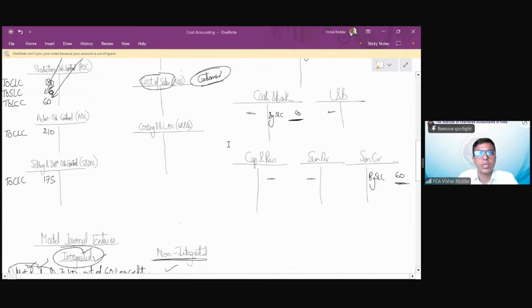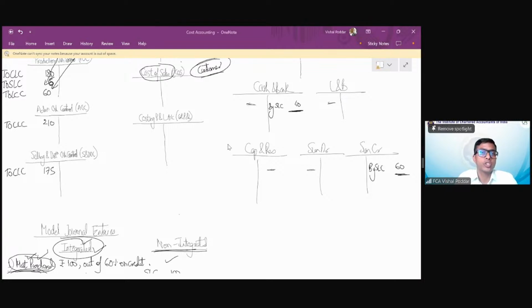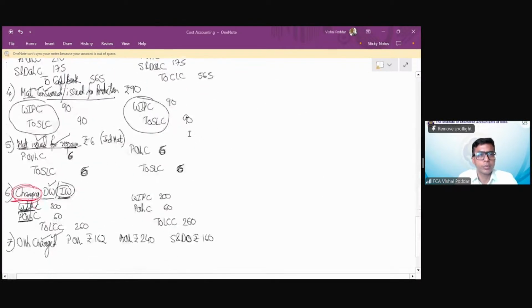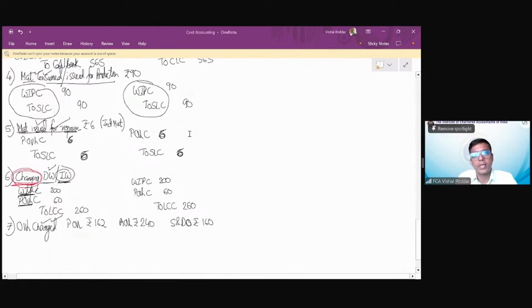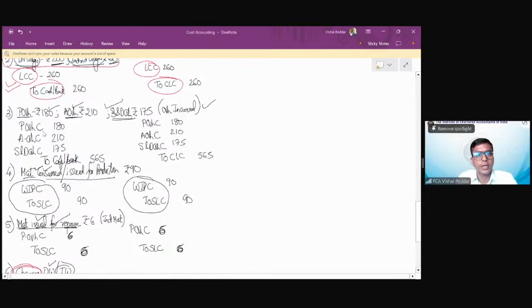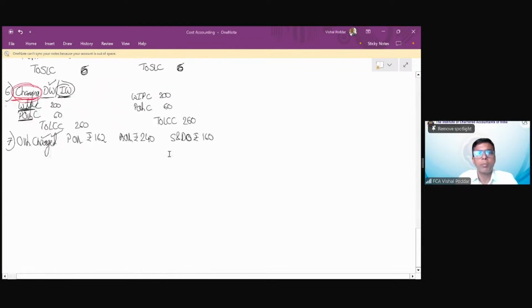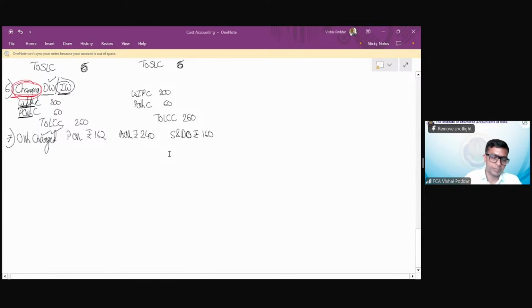Now, the next transaction is for overheads charged. So we already passed the entry for overheads incurred here, all overheads debited and cash bank or CLC credited. Now we have to pass the entry for overheads charged. Now, interestingly, we have 3 overheads and we have 3 products. So we will charge 1 overhead to 1 product account.